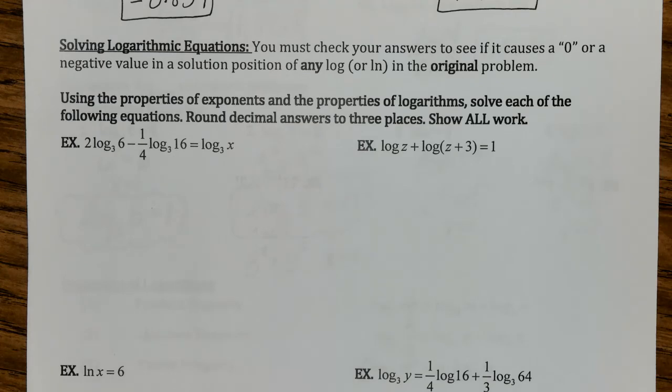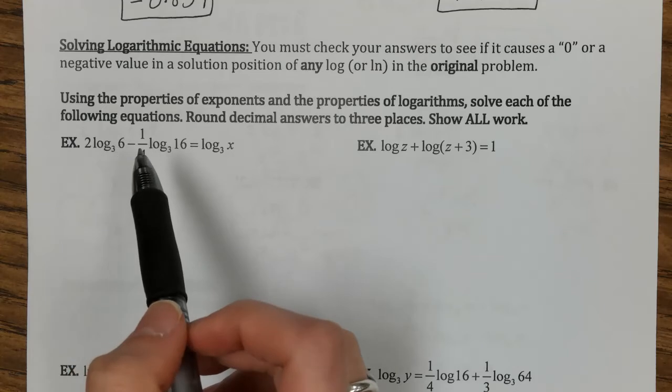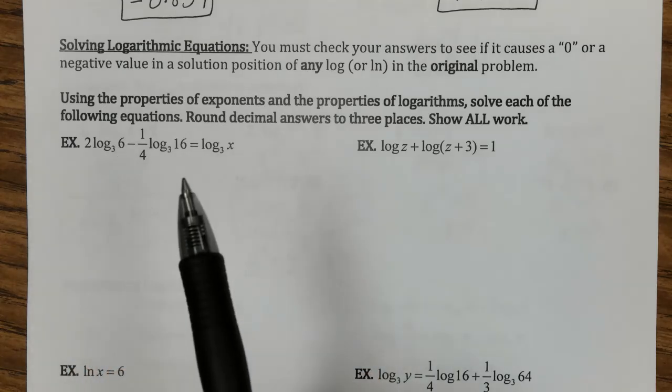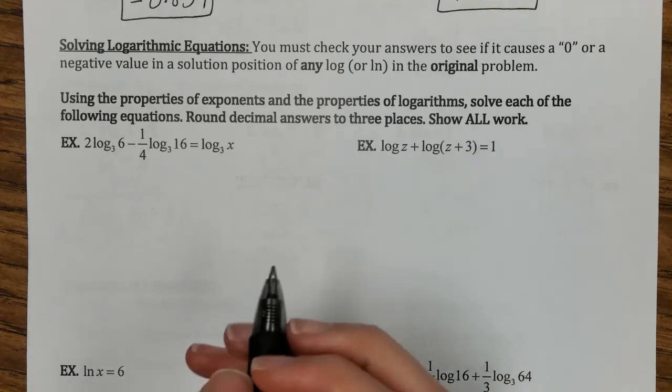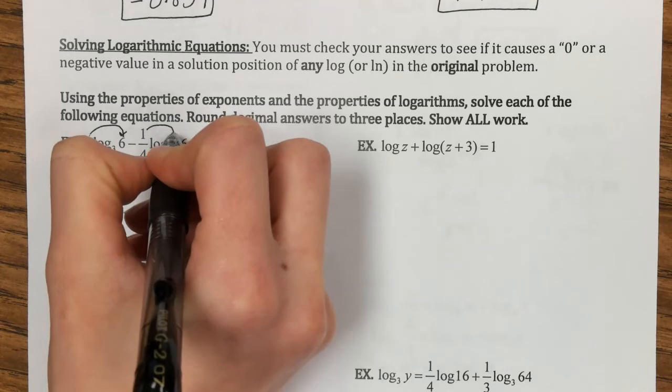Okay? So I've got 2 log base 3 of 6 minus 1/4 times log 3 of 16 equals log 3 of x. So I'm going to take care of my exponents.